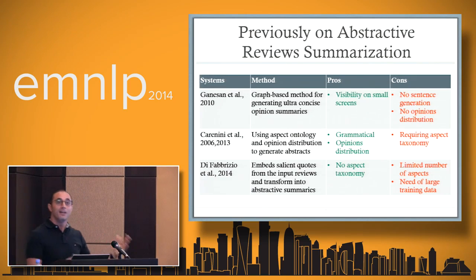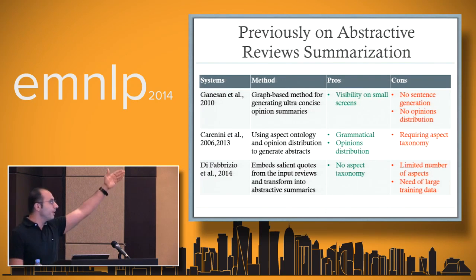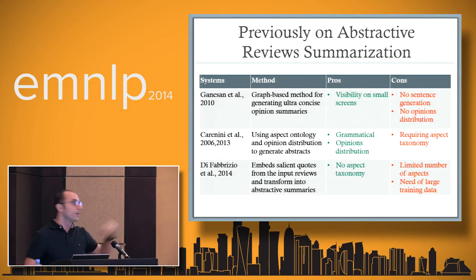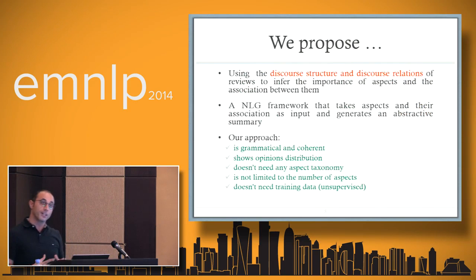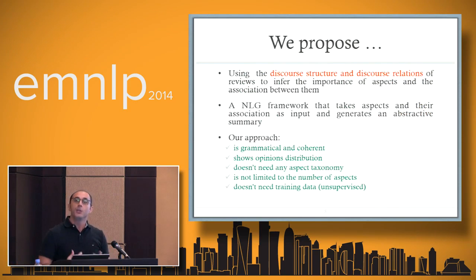At the same time, since their approach was supervised, they needed large training data. To overcome the limitations I mentioned, what we propose in this work is to use the rhetorical structure and rhetorical relations in reviews to generate abstractive summaries.